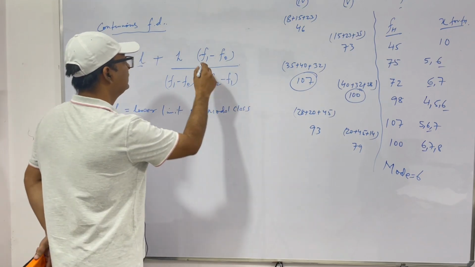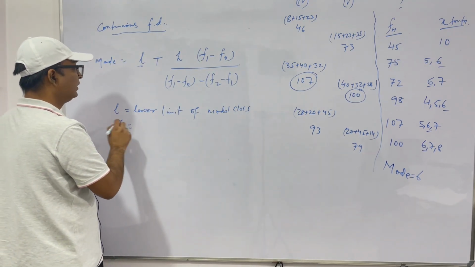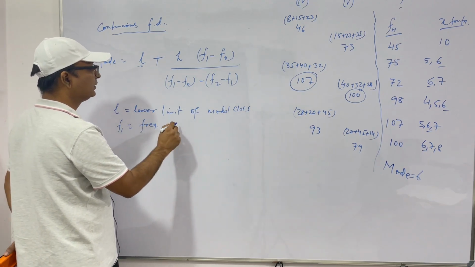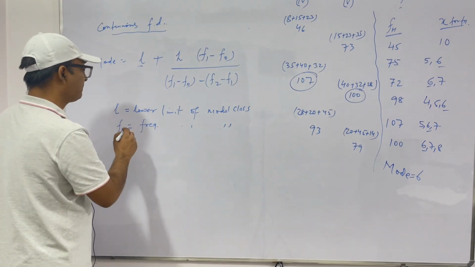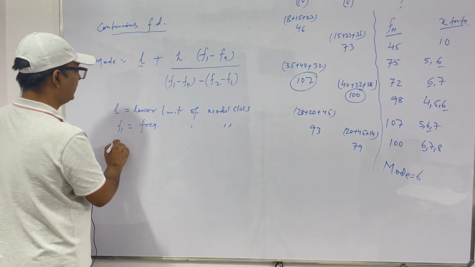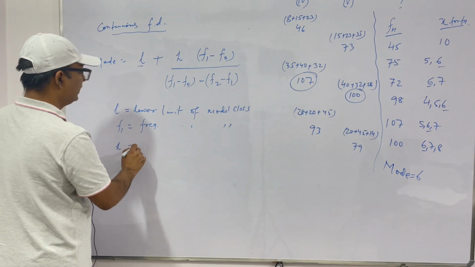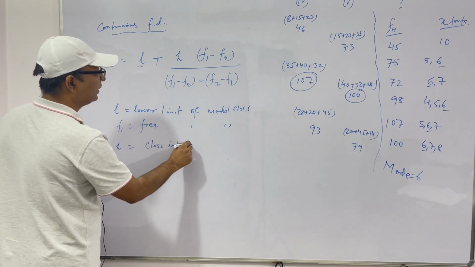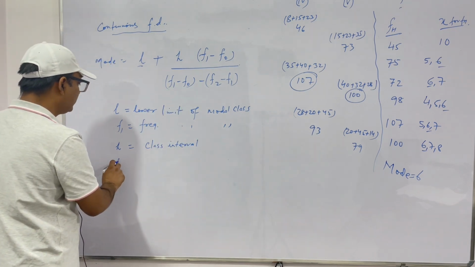Then what is F1? F1 is the frequency of the modal class. What is H? H is the class interval. And what are F0 and F2?